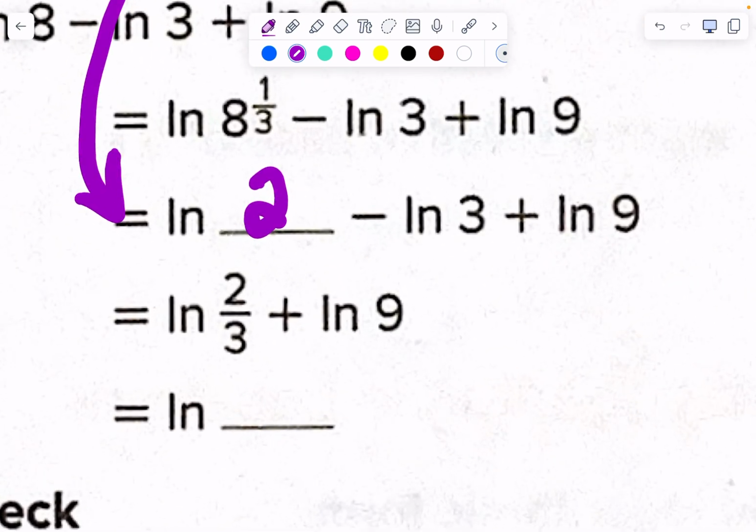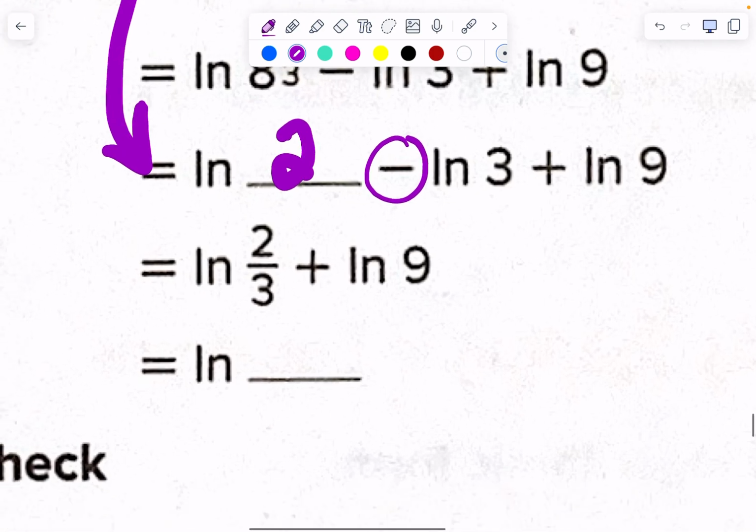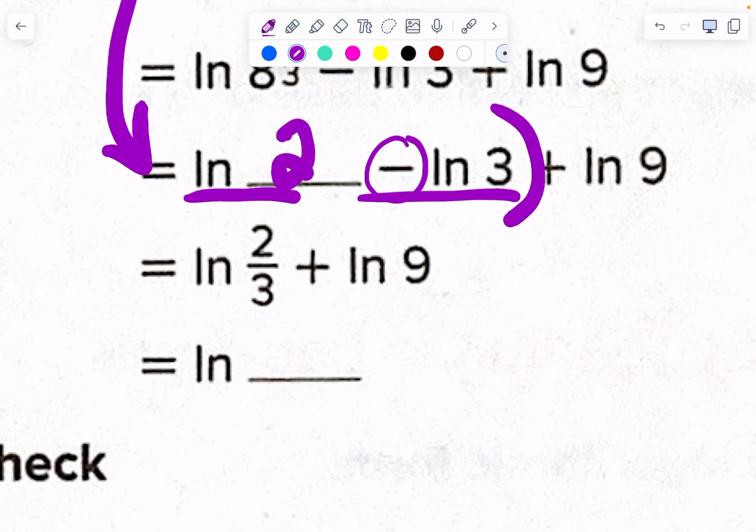Do we see how that works? Minus means divide. Plus means multiply. So look how they condense these first two: ln of 2 minus ln of 3 is ln of 2 divided by 3. That means divide. Now, what does plus mean?